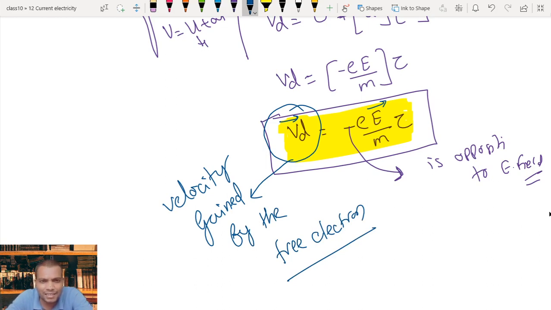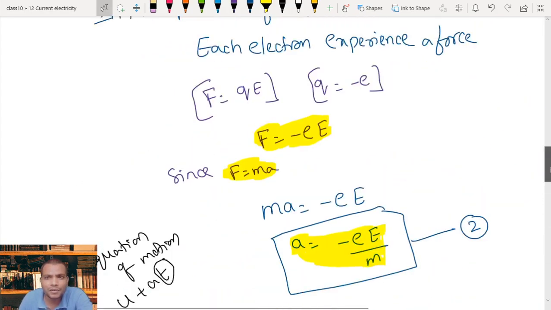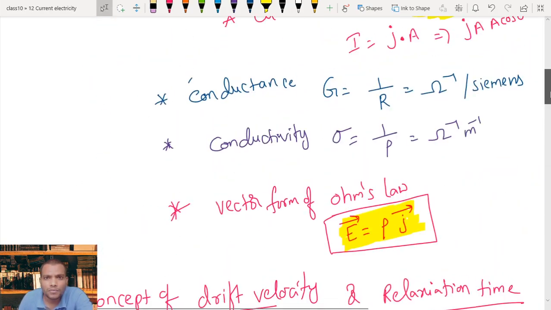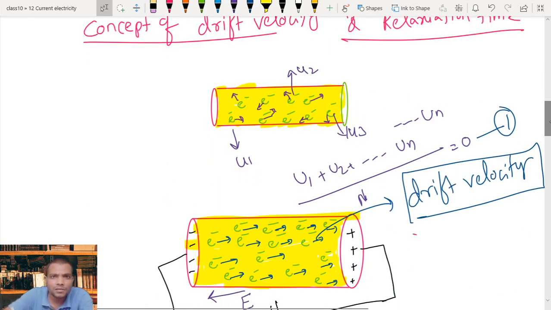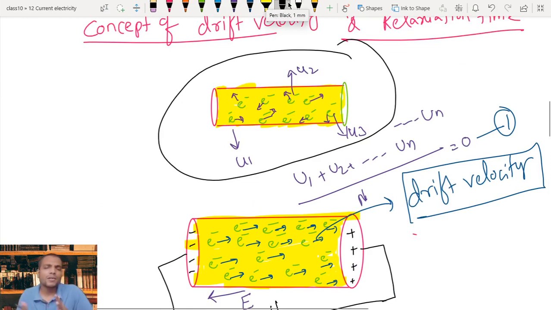How can you say that the electrons gain that velocity? They are gaining the velocity because of the presence of the electric field. In the absence of the electric field, as in the first figure, the electrons are randomly moving, so the total motion contribution goes to zero and nothing takes place.